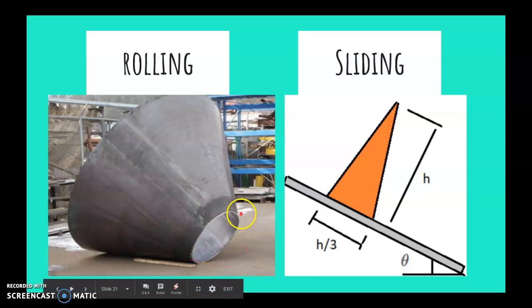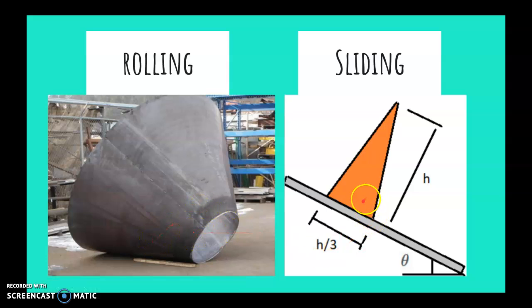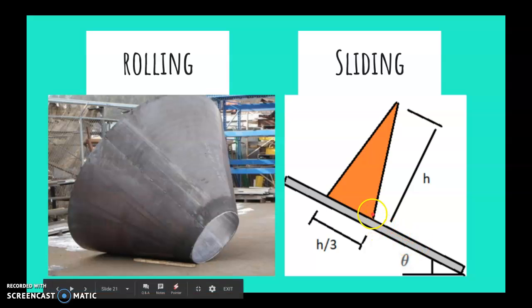This is the only picture I could find to show a cone rolling, so we're just going to act like it has a point there. But for now, this is a cone rolling. This is how a cone would roll. Over here, you got the sliding. This cone would potentially slide down here.